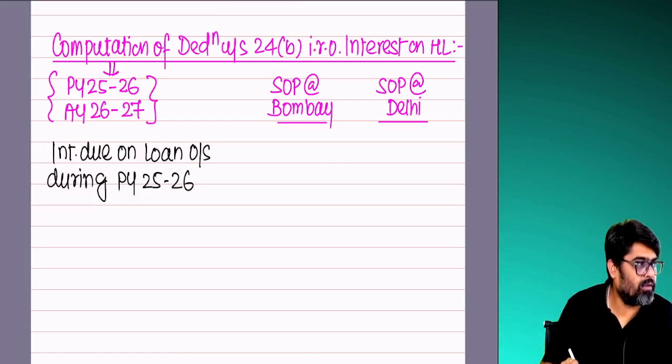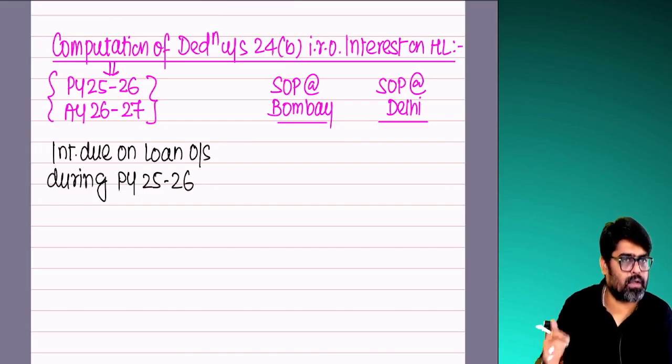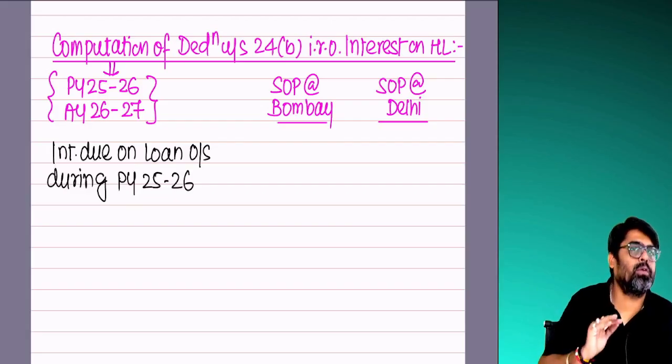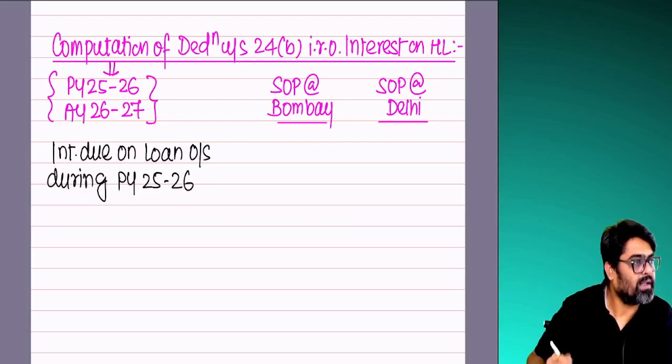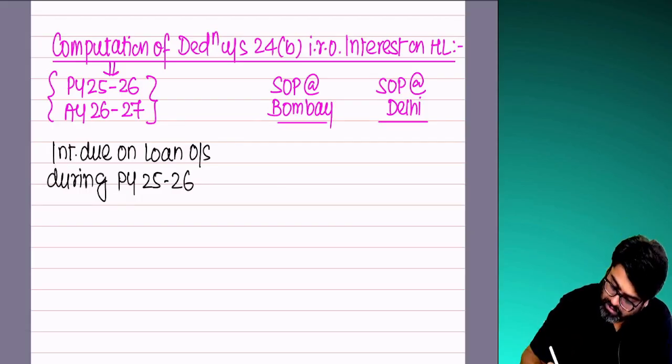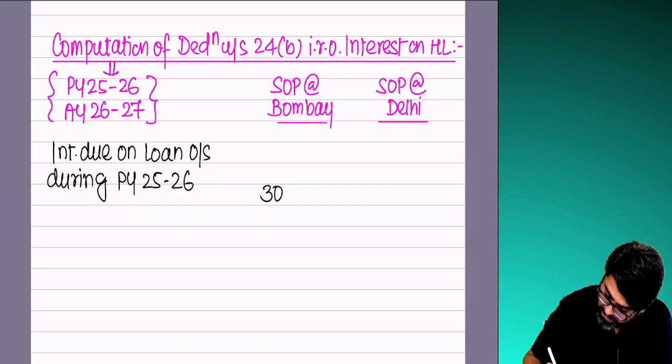We will call this normal interest. This is my normal interest, yes or no? So how much was the loan taken for Bombay property? That is still outstanding, no? On that 30 lakhs, how much is the interest rate? 10%. Amount will be 3 lakhs.